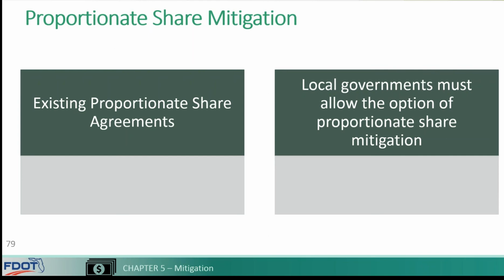And the facilities that are identified as deficient before the project will impact them, those improvements necessary to alleviate that previous deficiency are considered to be in place at the time of the proportionate share calculation.